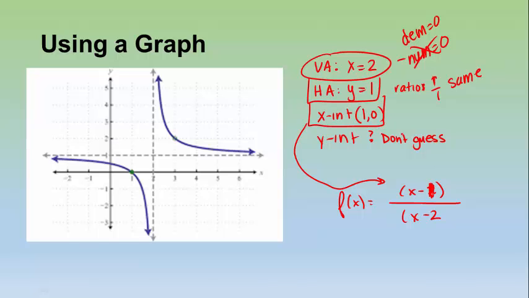All right. So let's just double check to see that we've used everything. So I have my vertical asymptote in the denominator because that's where it's undefined. Okay, I have a horizontal asymptote with a ratio of 1:1, but I have to have the same degree, and I do. I have an x-intercept in the numerator, so that's when the numerator equals 0, and that gives me my x minus 1.